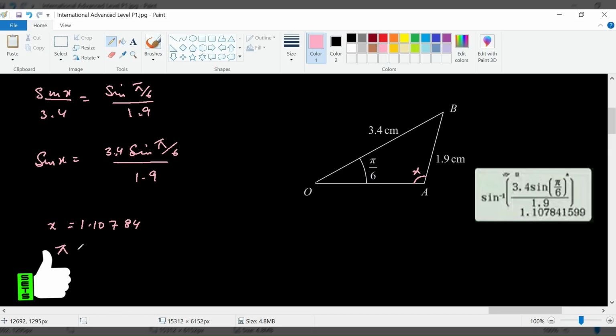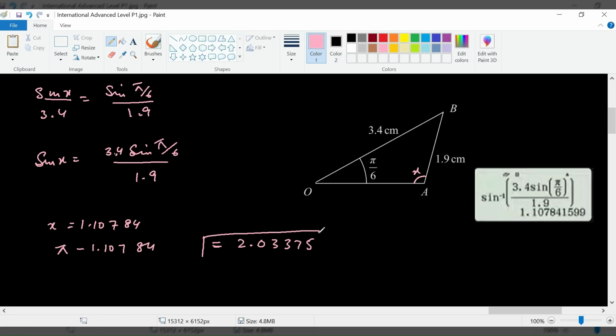So pi minus 1.10784 is going to give you 2.03375. So this is the value you should see, and always remember this value is in radians. Now moving ahead, this is the answer you should expect for this angle.